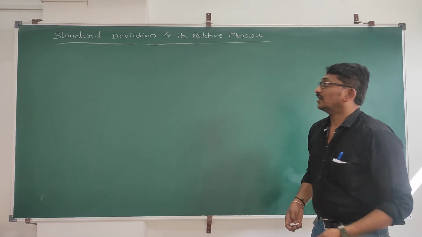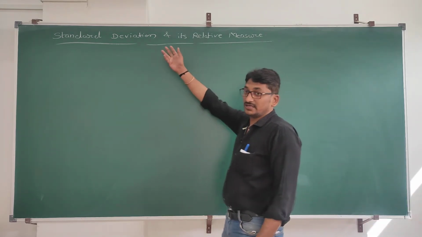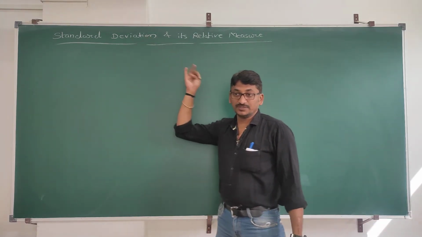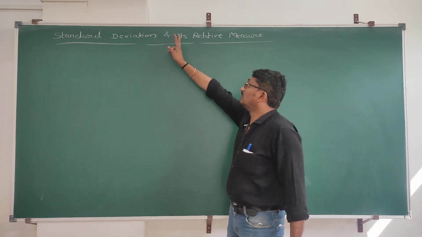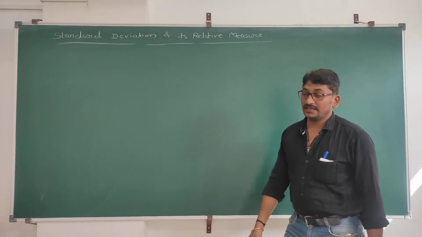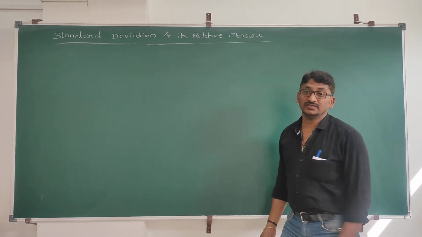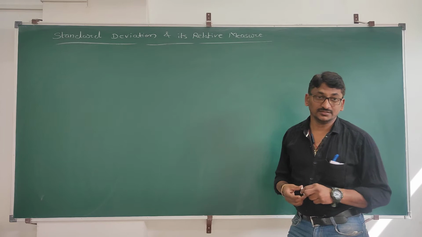Now again, to calculate standard deviation there are three series: ungrouped series, group series and continuous series. But the important term is its relative measure. The relative measure of standard deviation is known as coefficient of variation.